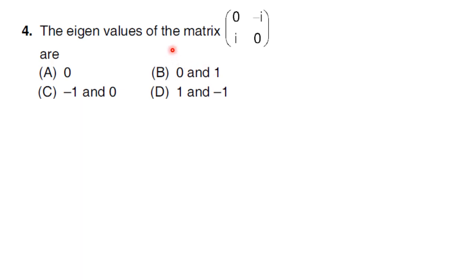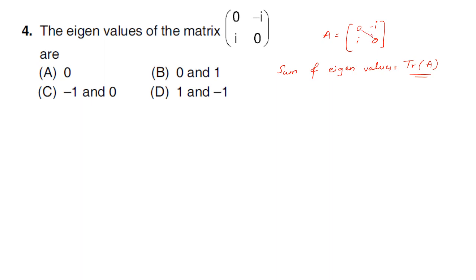The eigenvalues of the matrix 0 minus I 0 are. So matrix A is 0 minus I 0. We know that sum of eigenvalues is equal to trace of matrix A. Trace means sum of the principal diagonal elements.